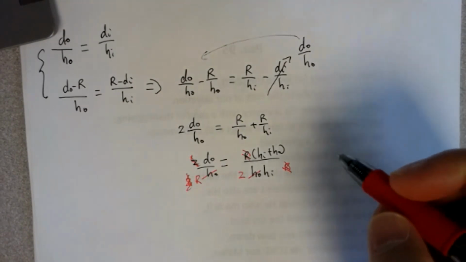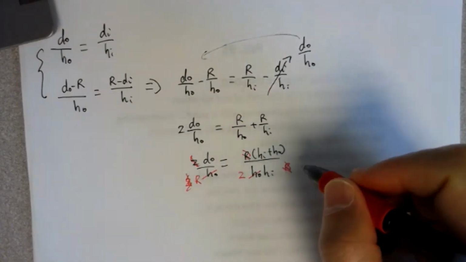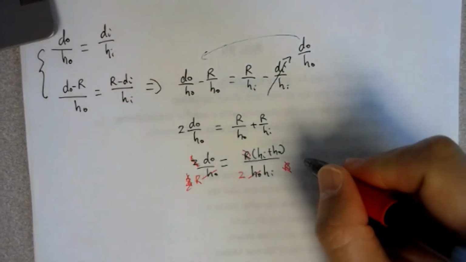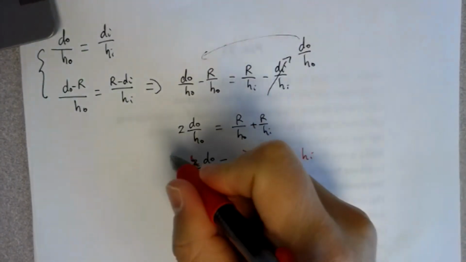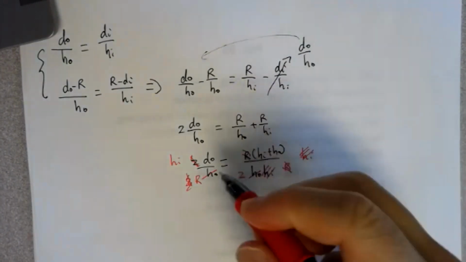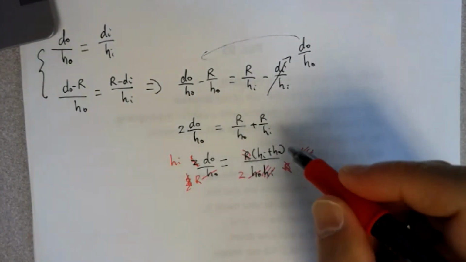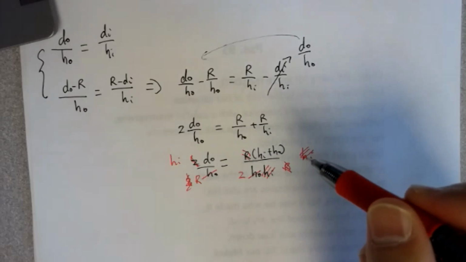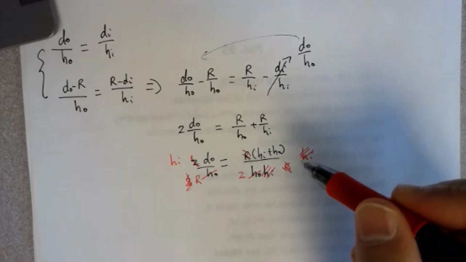All right. And then now we can multiply both sides by HI. So just a little bit of things here. HI will cancel the HI. Okay.